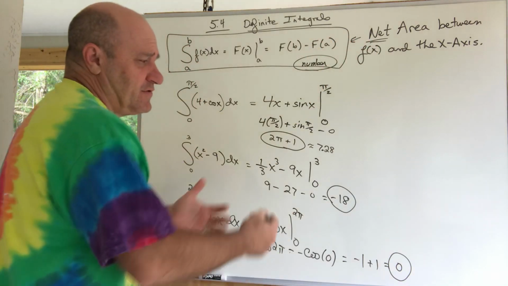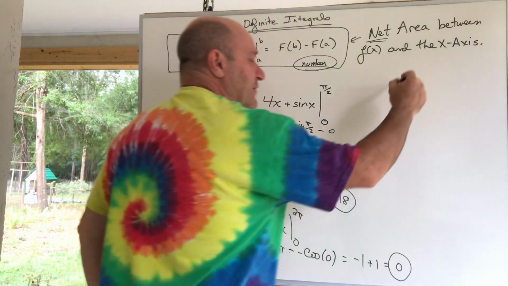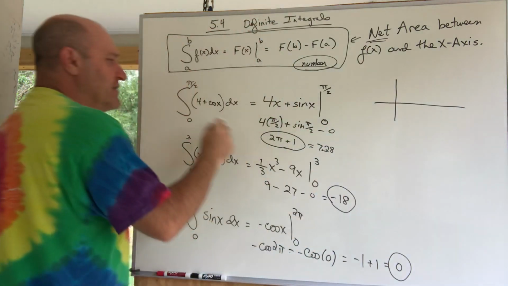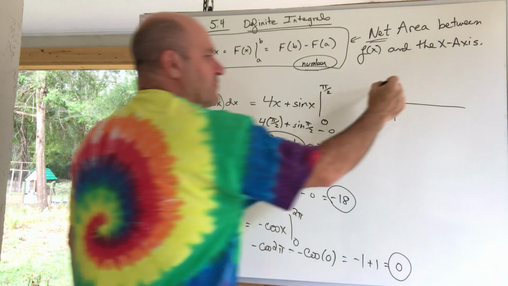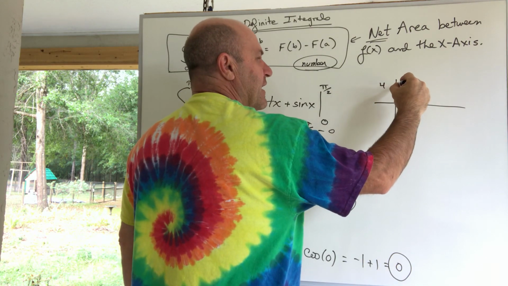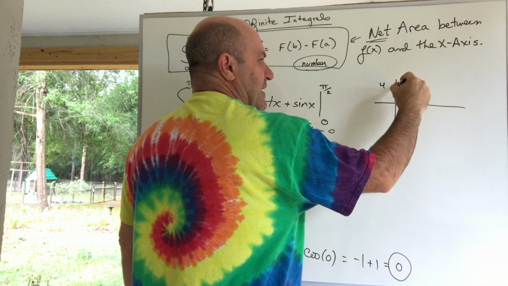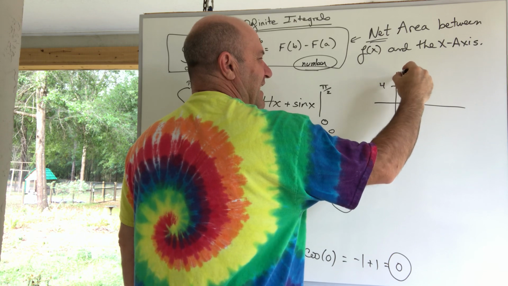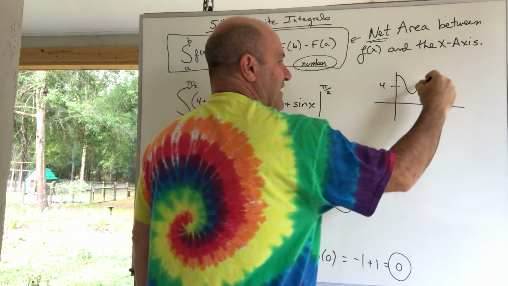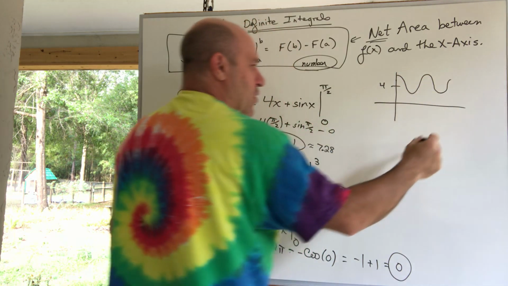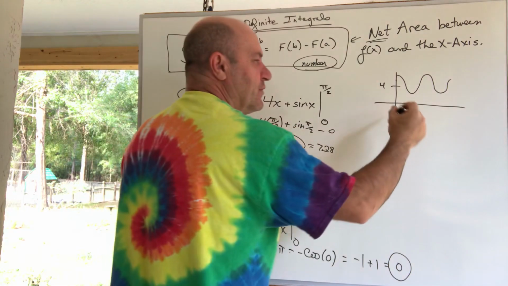So to illustrate this, let me draw a quick picture here. This is the function 4 plus cosine x. It looks like this, I think. I'm going from 0 to pi over 2.